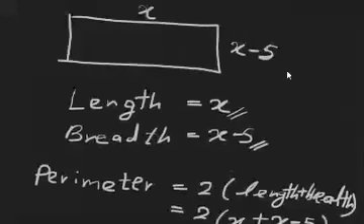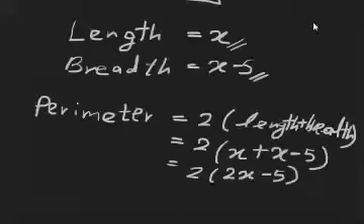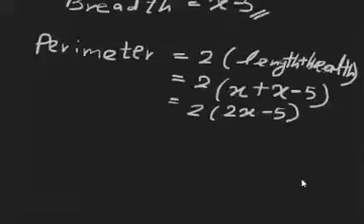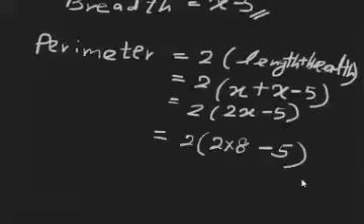They have given x equals 8. So you can directly substitute this 8 for x. 2 into 8 minus 5. First simplify this multiplication part. 2 times 8, 16, minus 5.